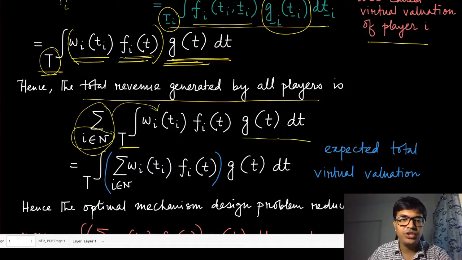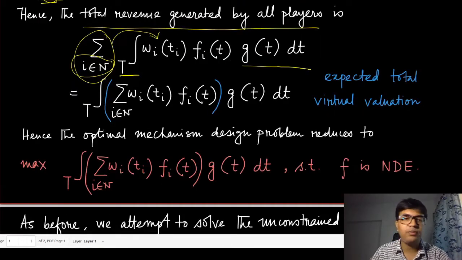So sum over the FIs multiplied by WIs, summed over all the players. Therefore our optimal mechanism design problem reduces to maximizing this subject to the condition that these FIs have to satisfy the condition of NDE. It has to be non-decreasing in expectation. That is what is ensuring that this is BIC.